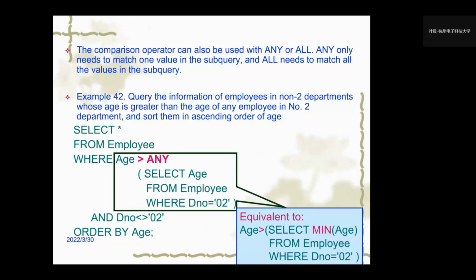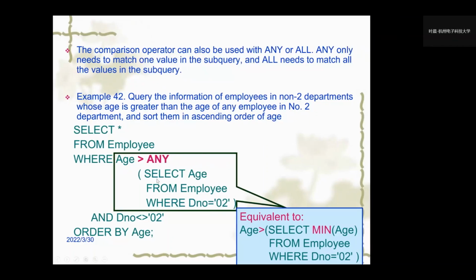For example, if we want to query the information of employees not in department number 2 whose age is greater than the age of any employee in department number 2, and sort them in ascending order of age, we can use select star, which means we select all the information from employee where the condition is age is larger than any age returned from this subquery.